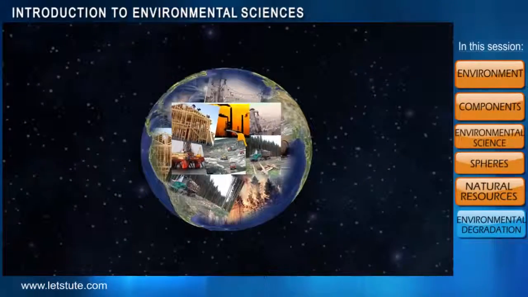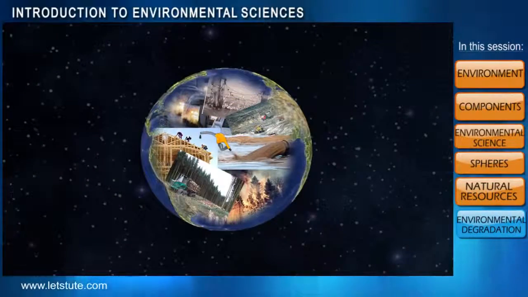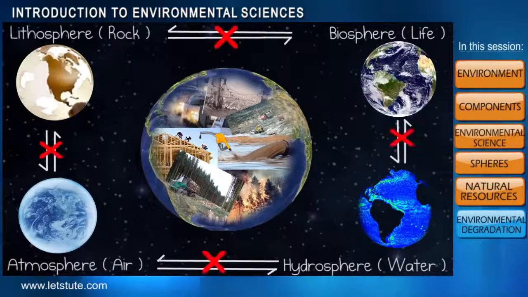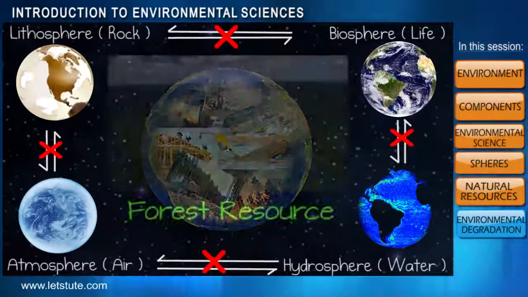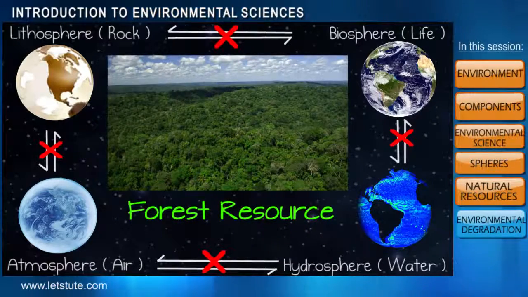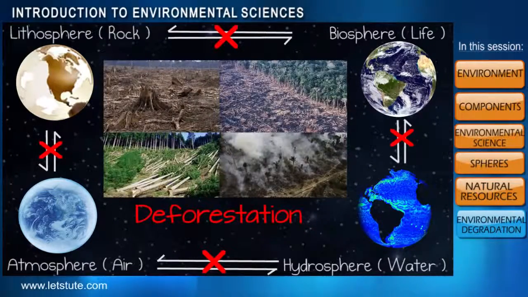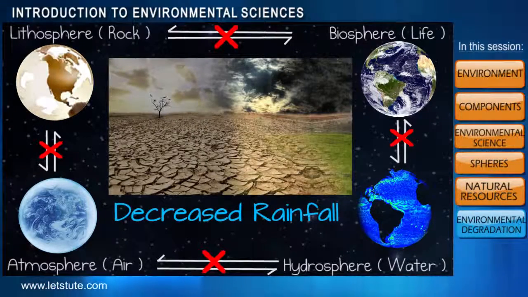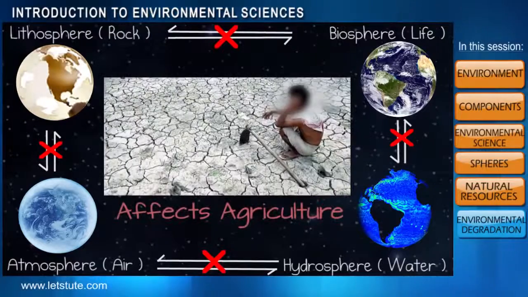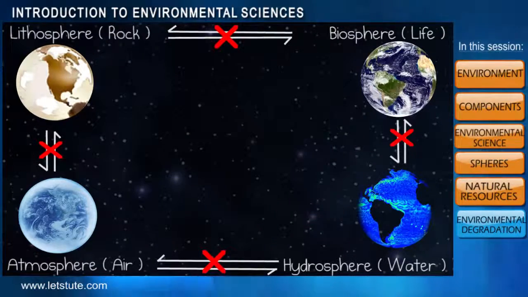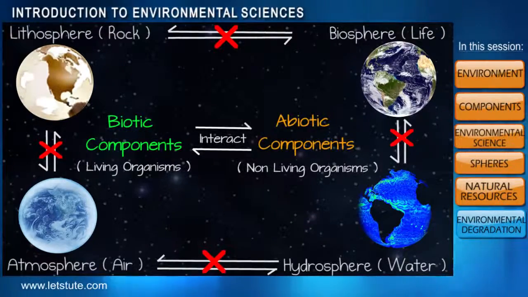So, the various activities which man does affect the balance between the four spheres. Like, forest is an important resource, and we are cutting down forest for land and the various forest products. And when the forest cover is destroyed, it affects rainfall, which in turn affects agricultural production. So when in this way the balance is disturbed, it directly or indirectly affects all living and non-living components.